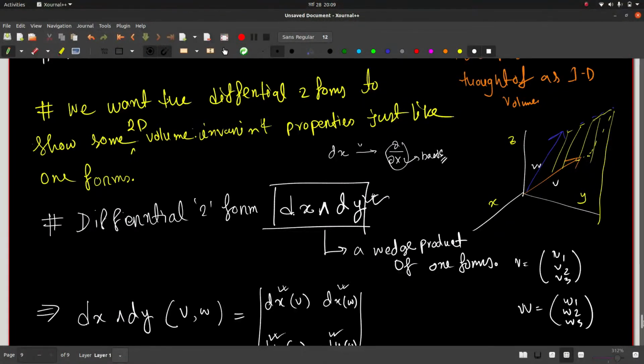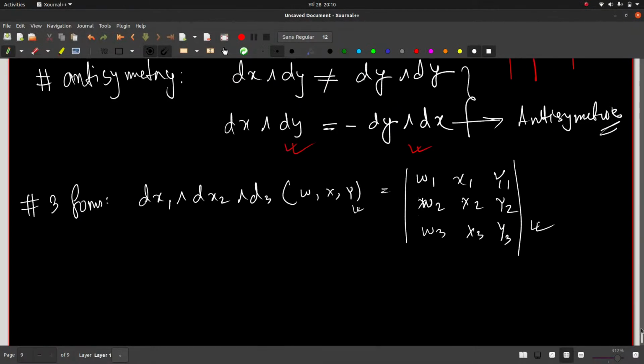Now we want to move to differential n forms. We just want to see how to write them, and obviously before we move on to that, we want to state another thing. Let's say you want to have some projections of a differential 3 form. That means you are taking 3 vectors and you want to find out those projections, and at the end of the day you want to express those projections in a compact way using these differential 2 forms.